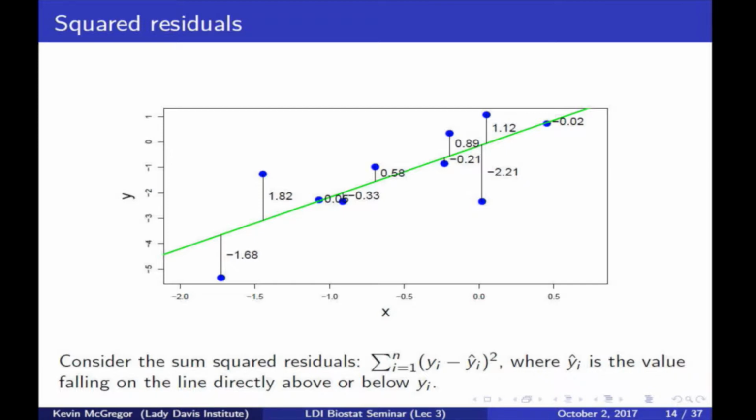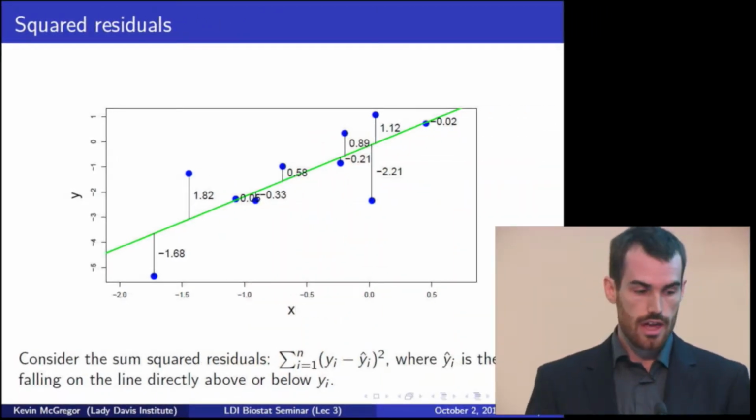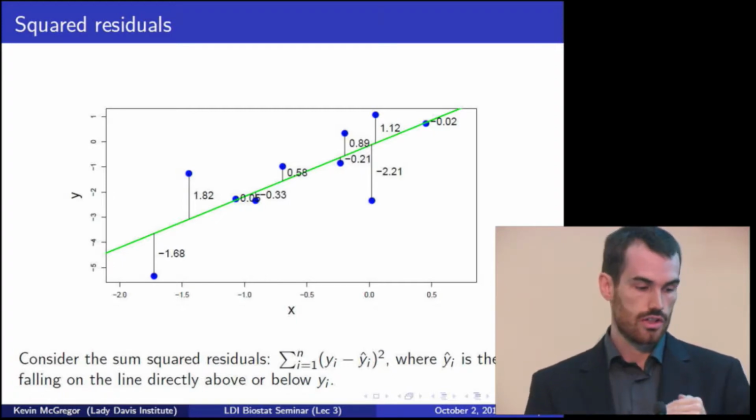And from there, we try to minimize this value. So we can play with the two parameters that define our line. We can play with the intercept parameter, where the line can go up and down, and we can play with the slope parameter, which is going to tilt the line and change the slope.